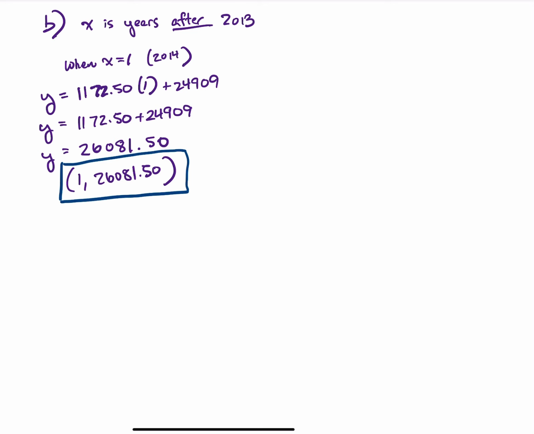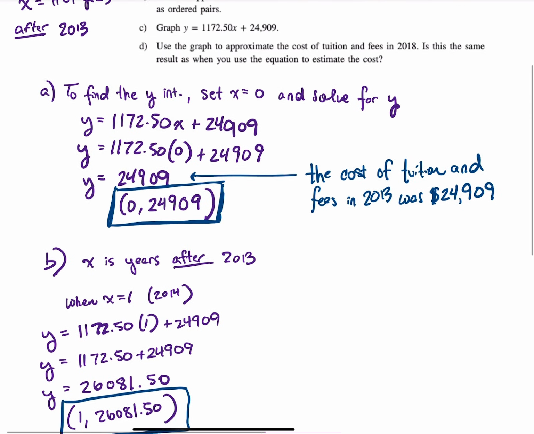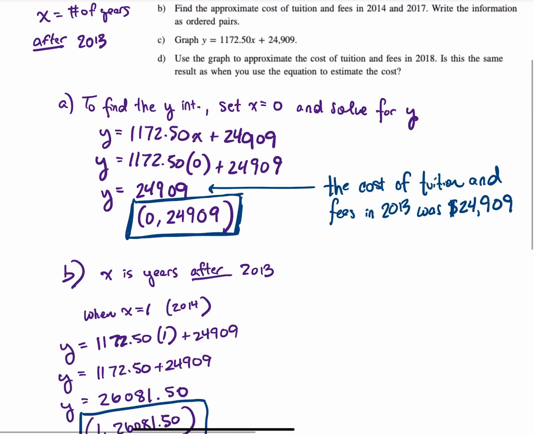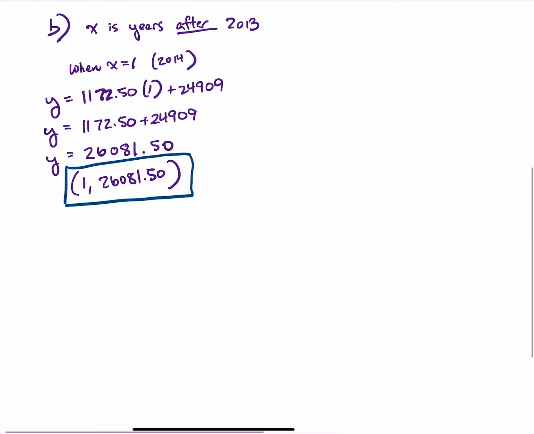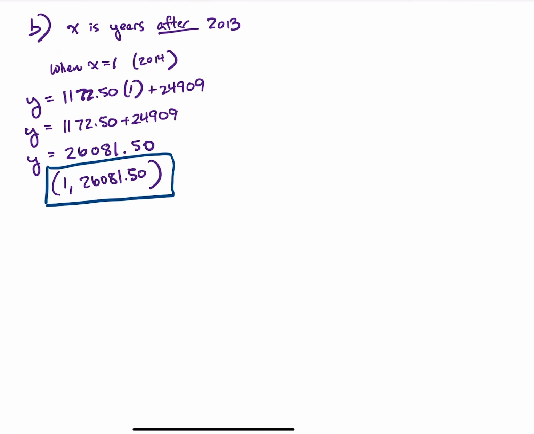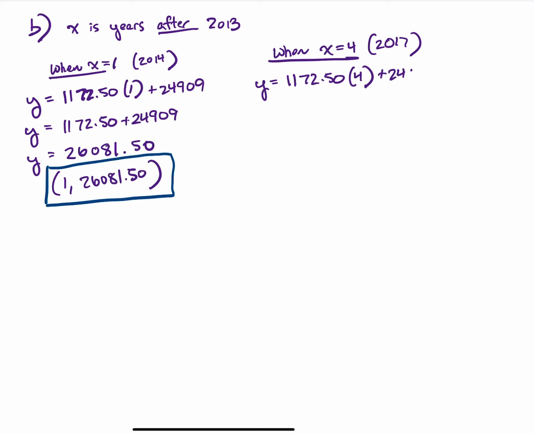All right, what was the next date? We wanted 2017. So that's 4 years later. So I can say when x equals 4. This represents 2017. So let's just plug it in. y equals 1172.50 times 4 plus 24,909.